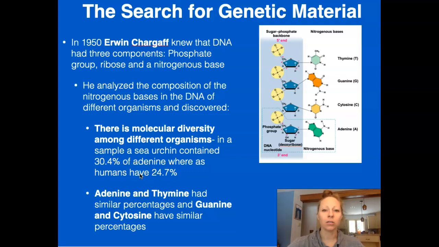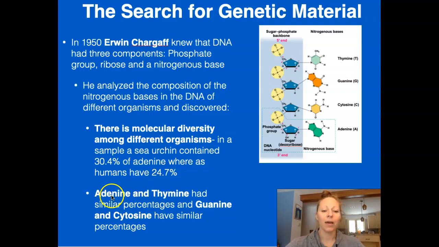And so a horse is going to have a different amount of adenine than, let's say, a tree or a carrot. And this is because the amount of A's, T's, C's, and G's in each of our genomes is variable. And so it showed that there was molecular diversity that coded for our variation in life.